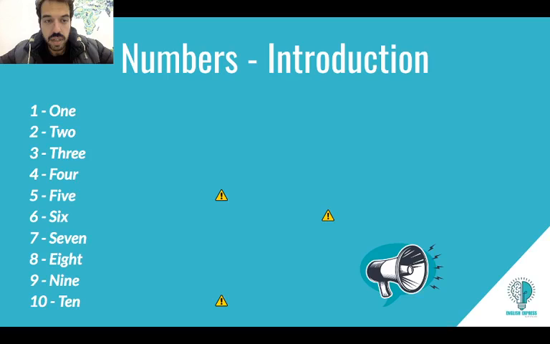Because a lot of people say it the wrong way, and that is not the correct way of talking about this number. You need to put your tongue in the middle of your teeth. Okay? Amazing. We have 4, 5, 6, 7, 8, 9, and 10.